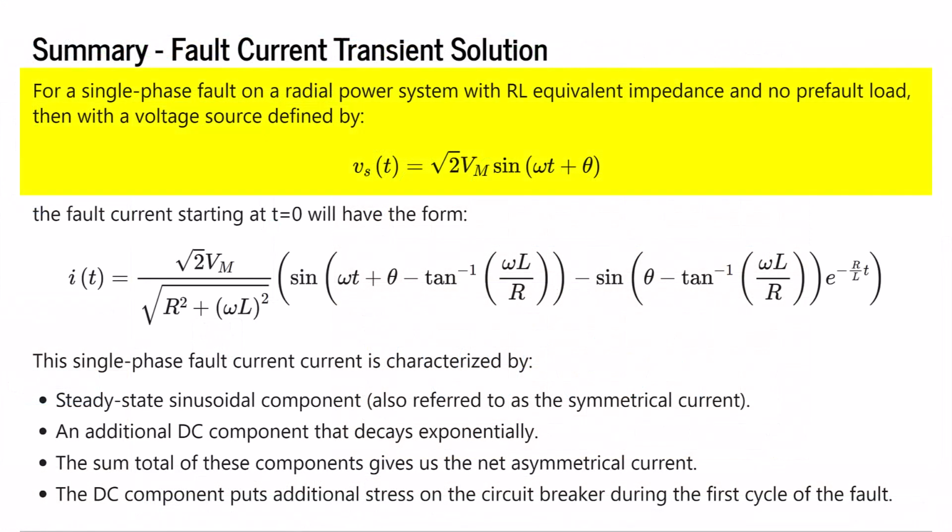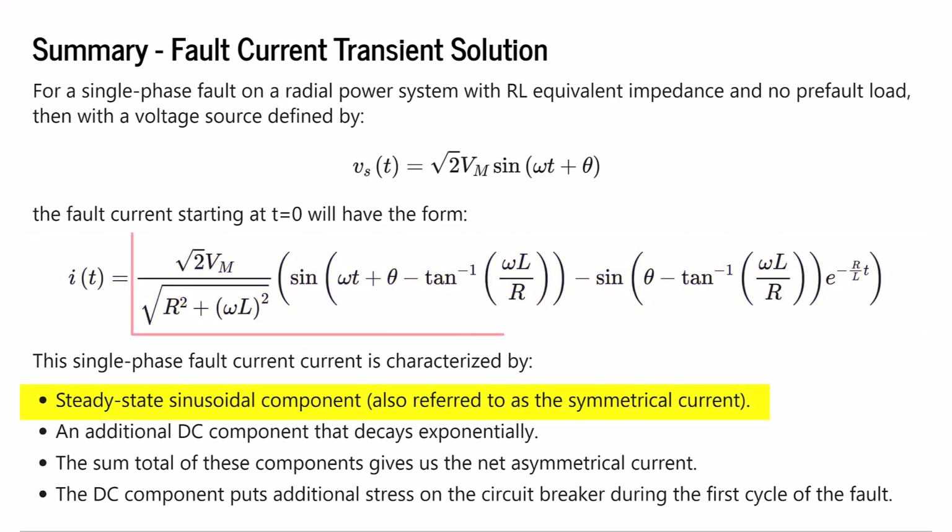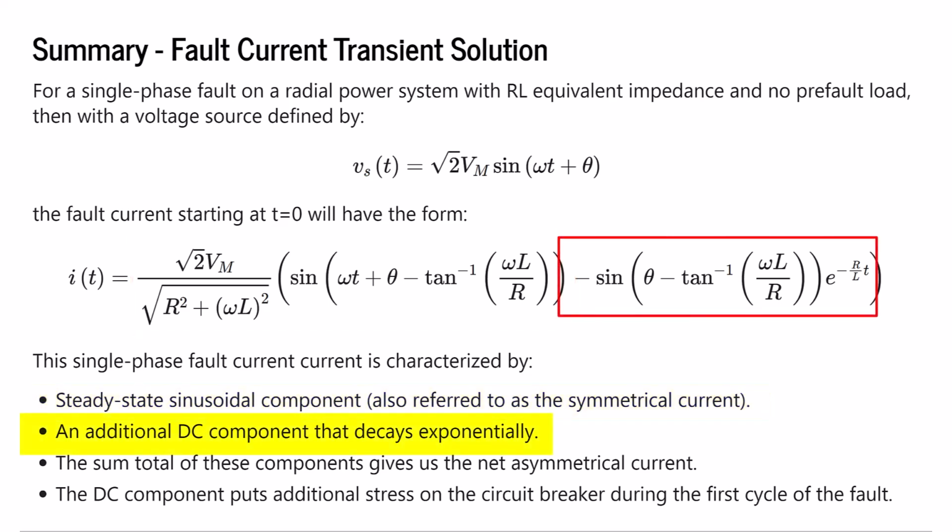So in summary, for a single-phase fault modeled by a Thevenin equivalent RL impedance and voltage source defined by square root of 2 times Vm times sine with argument of omega t plus theta, we have an expression for the fault current that consists of two parts: a steady-state symmetrical component, which is basically what we get from phasor analysis, and a DC term that decays exponentially with time.